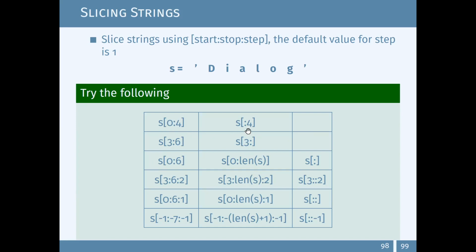First one, when we want to access the first set of elements, for example, here, this could be the representation to access the first 4 elements. Then, if you want to access something after this, then we can use 3 and colon.